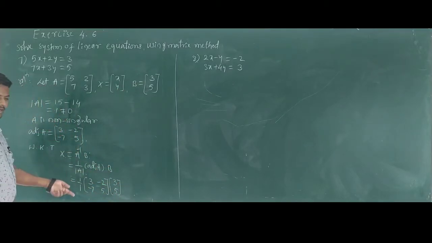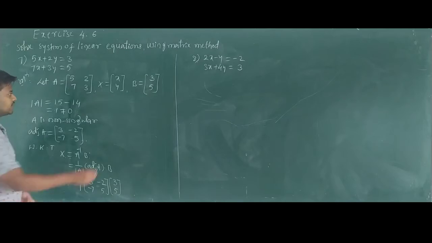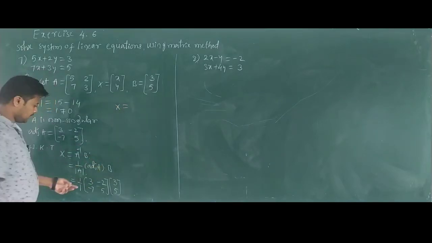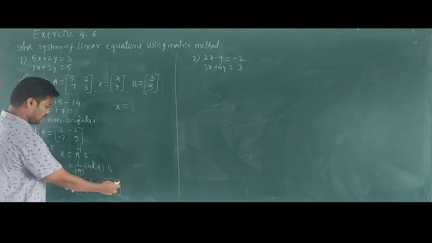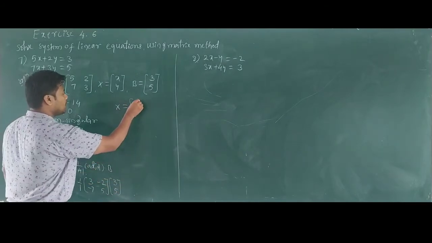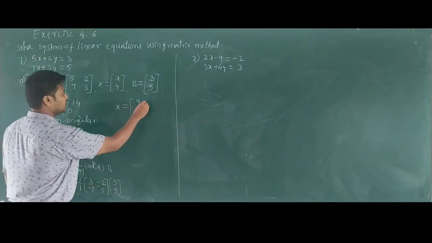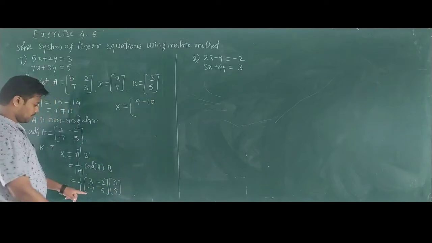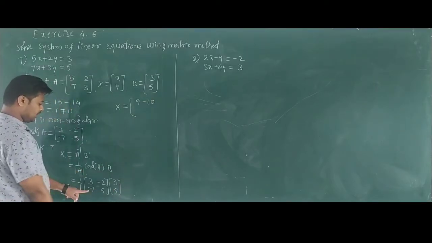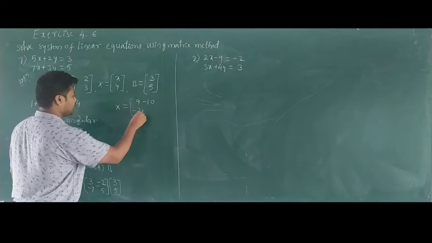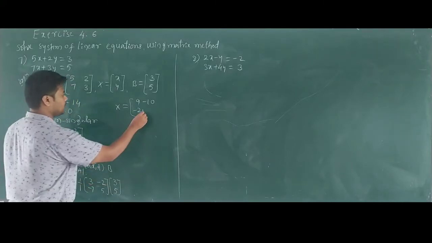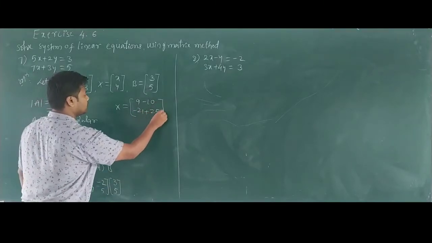Multiply 1 by 1 is 1. Multiply. So X equals, next step, multiply: 3 into 3, 9 minus 10, okay, minus 7 into 3 minus 21 plus 5 into 5, 25.